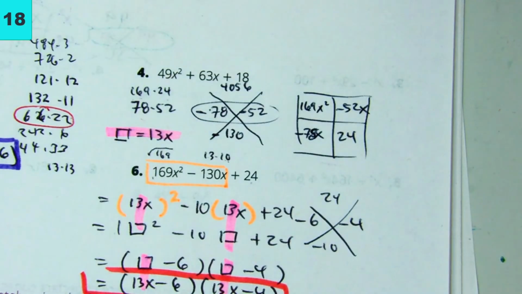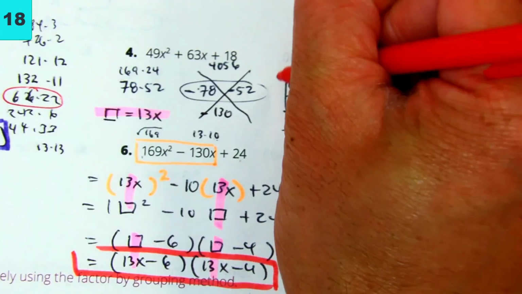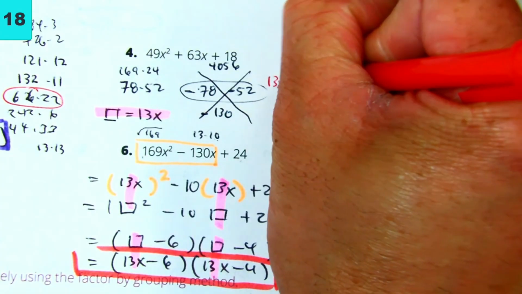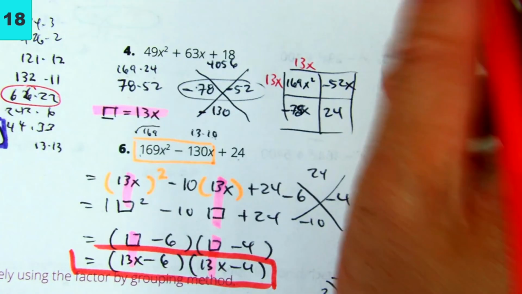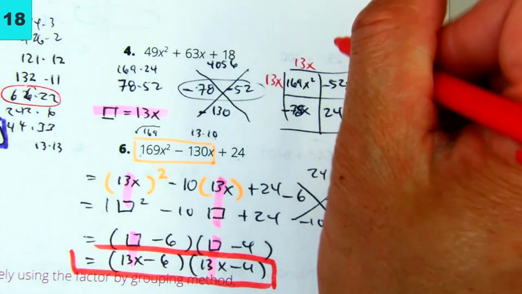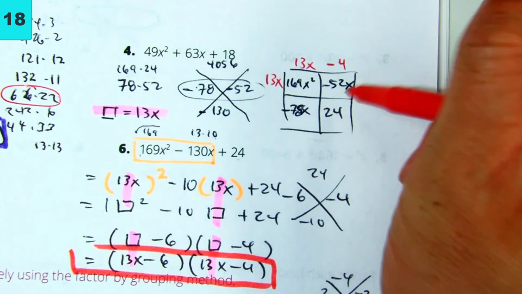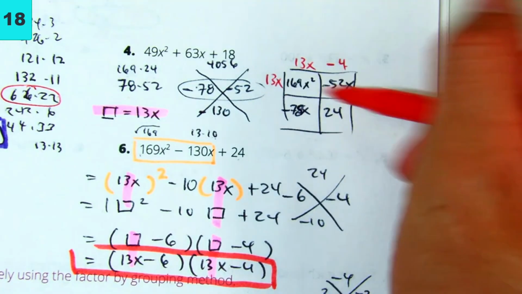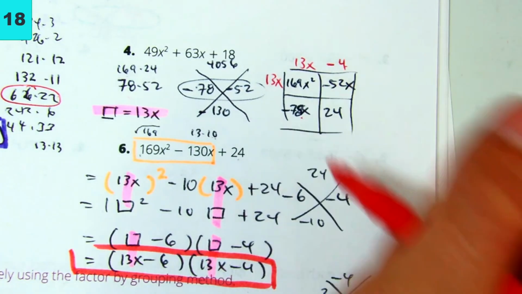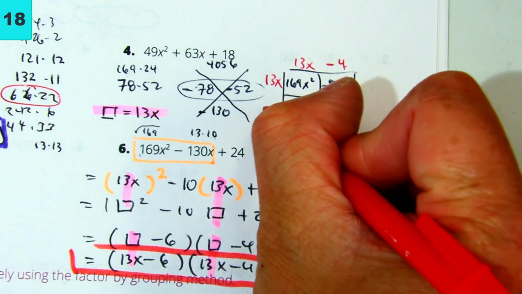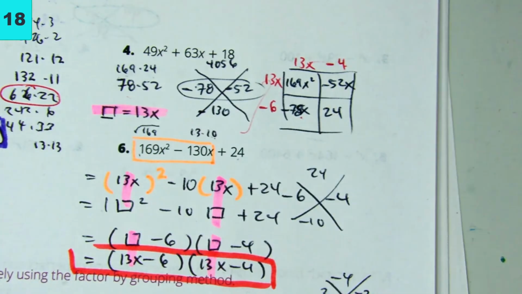And just like we've been doing, if it's this number that's the same, these two numbers will always be the same there. Greatest common factor there? Negative 4, so negative 4 times 13 gives me negative 52. Negative 78 divided by 13 gives us negative 6. And then those in red are actually the same in our box.